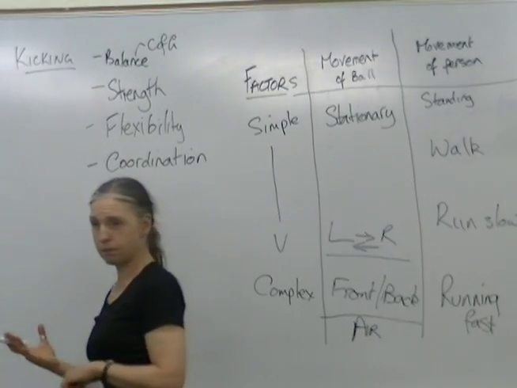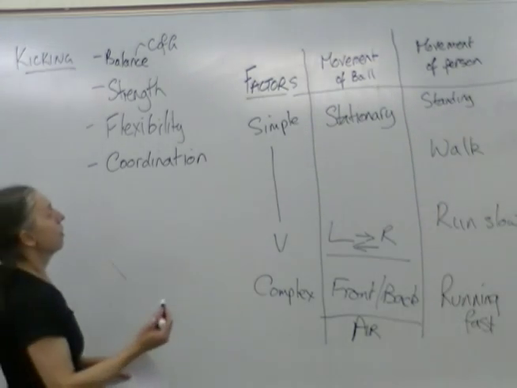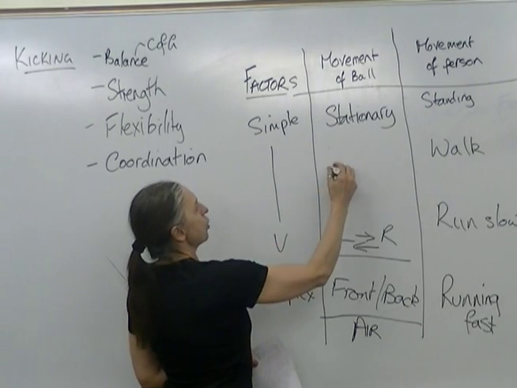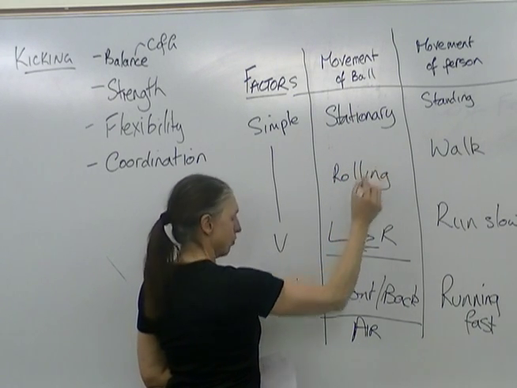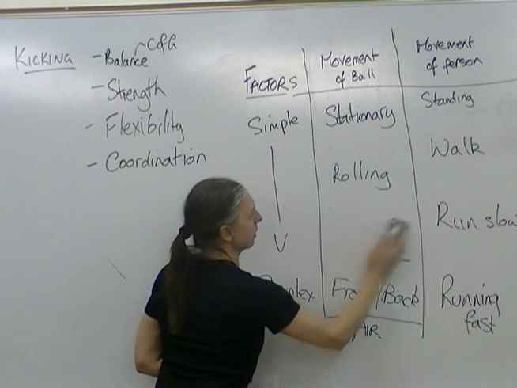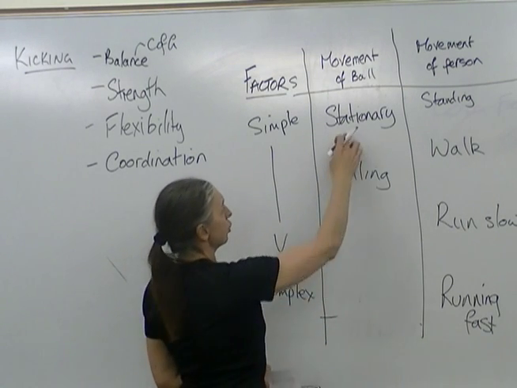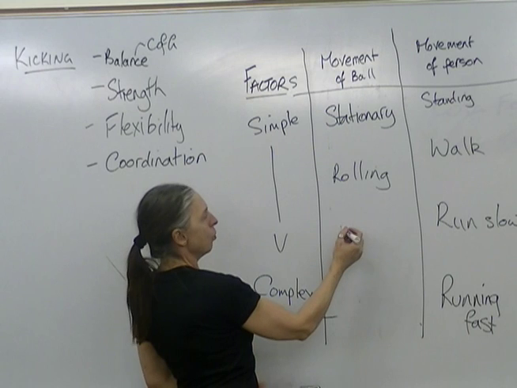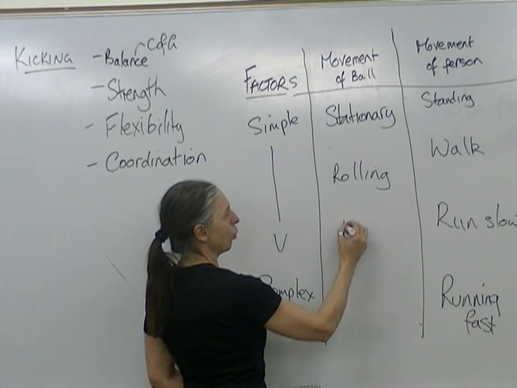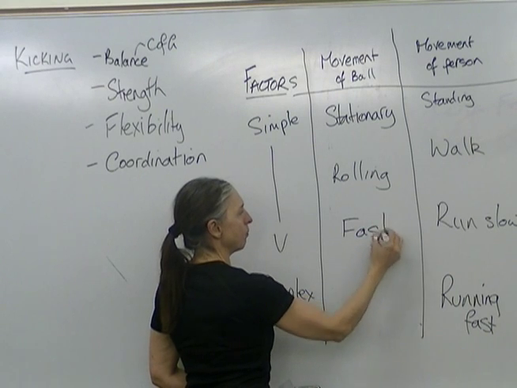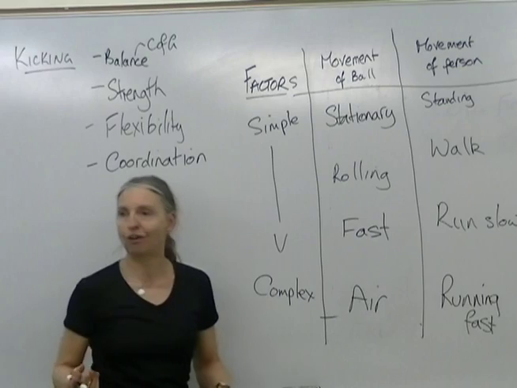Does that make sense? So we might have stationary, we might have rolling. Let's take direction out of it for now because that complicates the issue a little bit. So we've got stationary, we've got rolling, we've got fast, and we've got coming through the air, right?